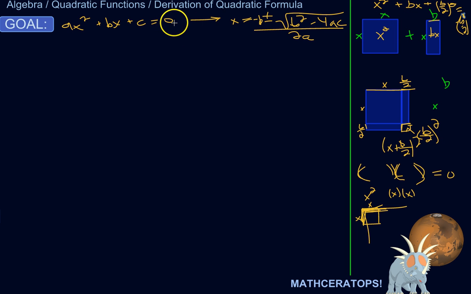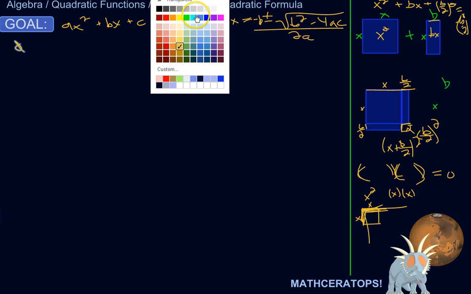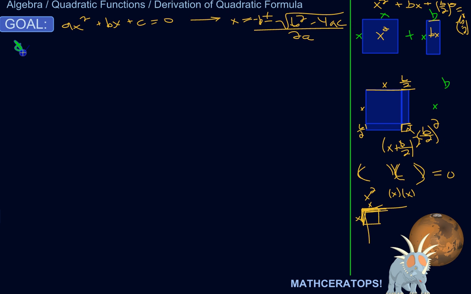Now this is going to be just slightly more involved, but not really. First thing we want to do is move this c over to the other side so that we've just got ax squared plus bx, so that we can do this sort of thing to it. Let's change colors here. ax squared plus bx equals negative c.